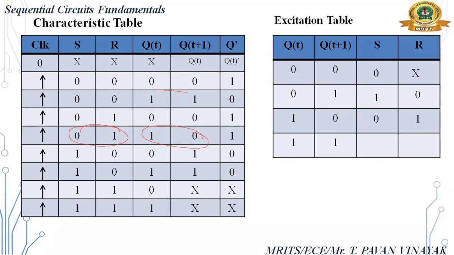Next, find out 1 1. 1 1 occurs here and here. What are the conditions? 0 0 and 1 0. So R is always 0, and S is don't care.